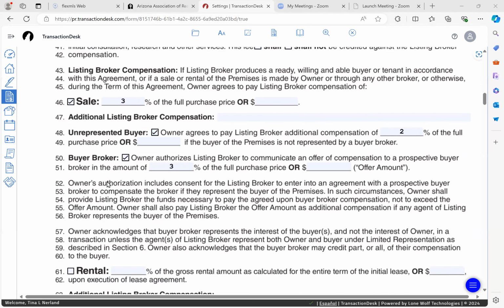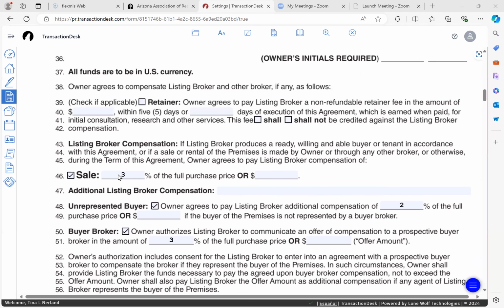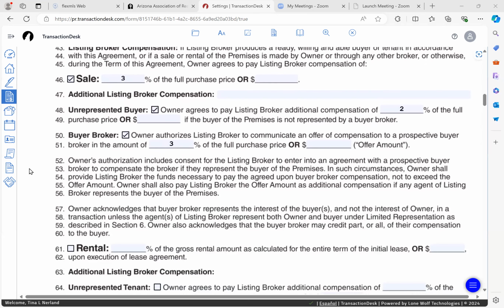Owner's authorization includes consent to the listing broker to enter an agreement with the prospective buyer broker to compensate the broker if they represent the buyers of the premises. In such circumstances, owner shall provide listing broker the funds necessary to pay the agreed upon buyer broker compensation not to exceed the offer amount.